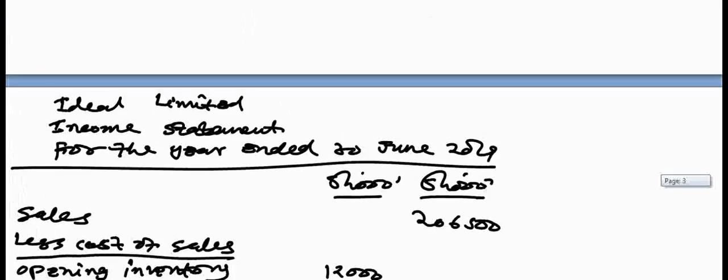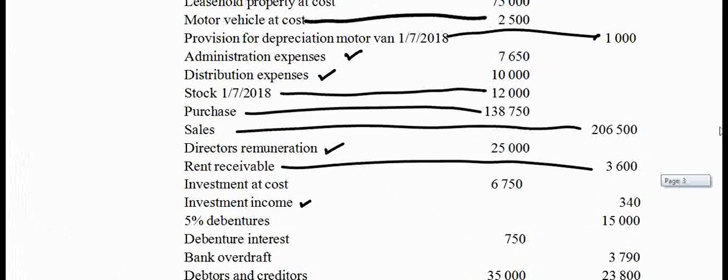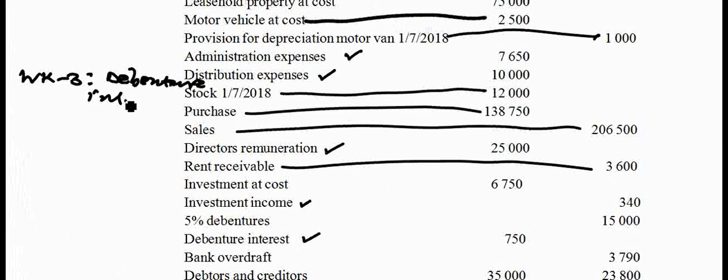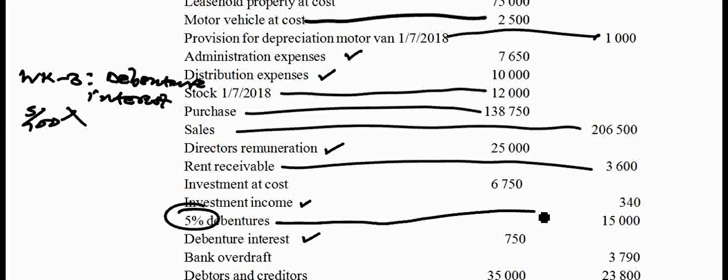Okay, then let's see what else we can add. What else do we have? Investments are non-current assets. We have debenture interest. Now debenture interest must be recalculated, so we'll do working 3 for recalculating debenture interest. Why? Because you may find they did not pay all of it. The question says 5% debentures, so 5% of the debenture value of 15 million, I think that is 7500, or rather 750,000.